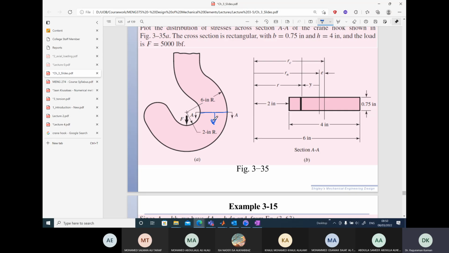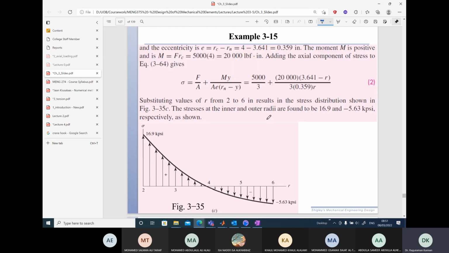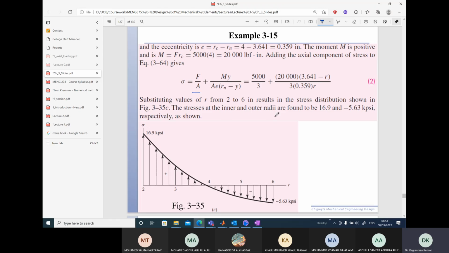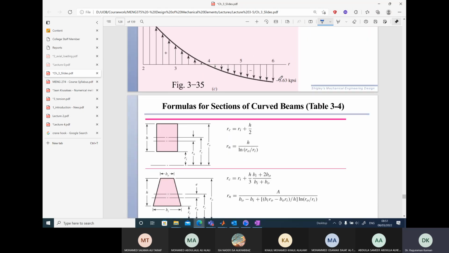This force you have to replace by a force and a moment acting at that point when you make the cut, and therefore you have the stress due to the axial load and the stress from the curved geometry of the beam, curved beam. So we have to add these two quantities up and get the total stress. So this is the stress distribution.